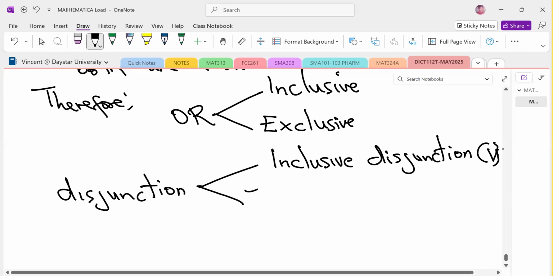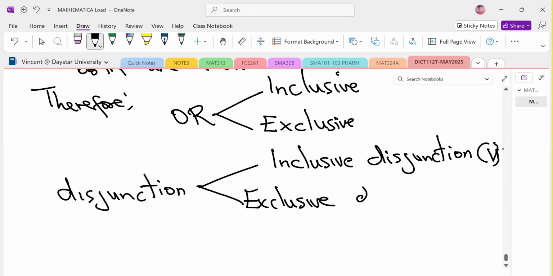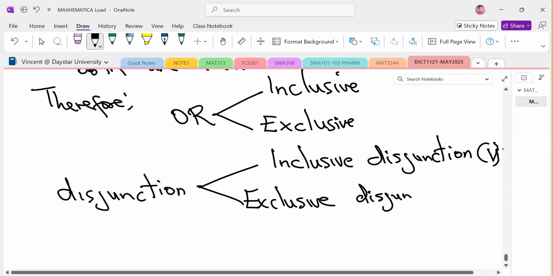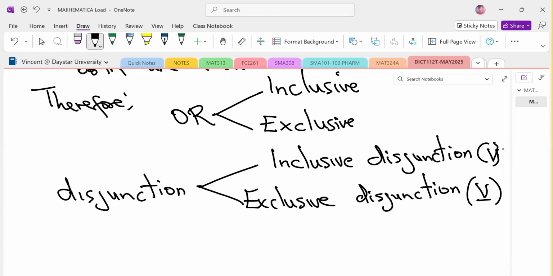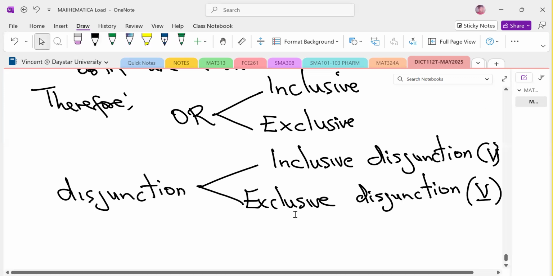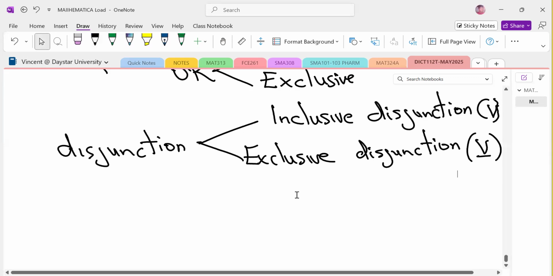And then the exclusive disjunction, we use this notation. So when someone says disjunction and keeps quiet, by default, we mean inclusive disjunction. But when we want to bring the exclusive nature, we use this exclusive disjunction.